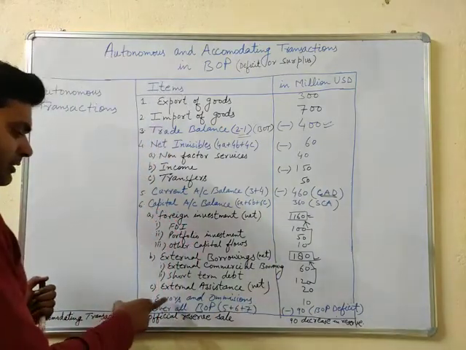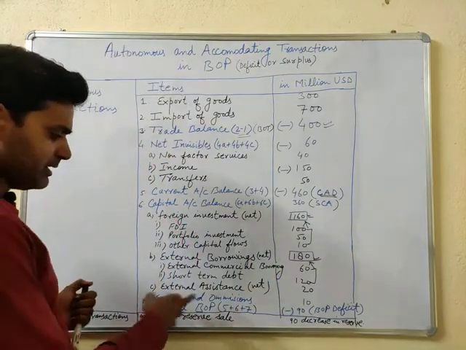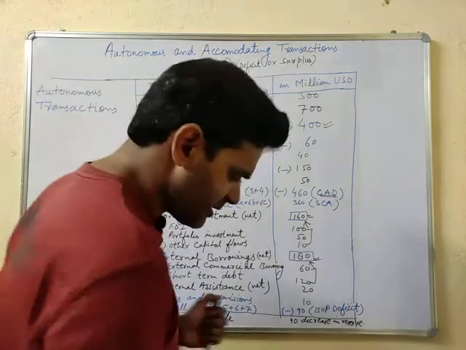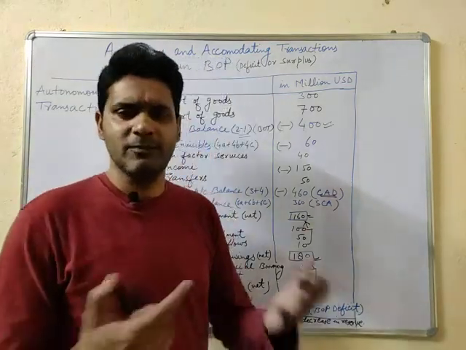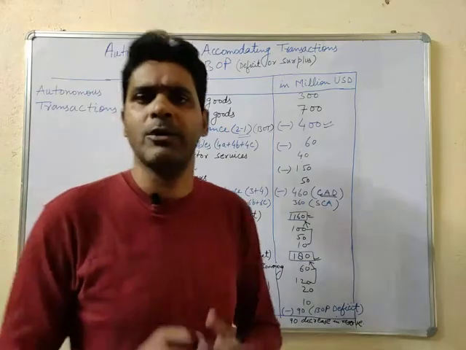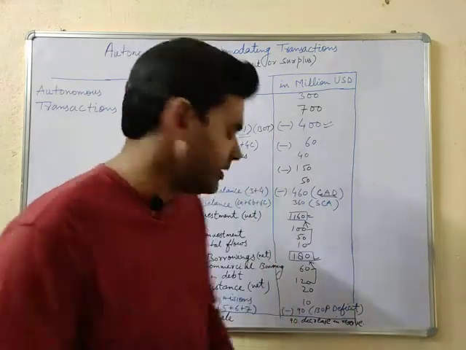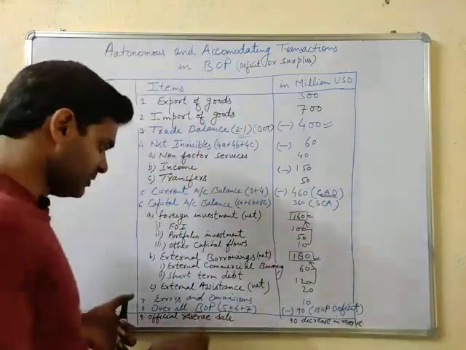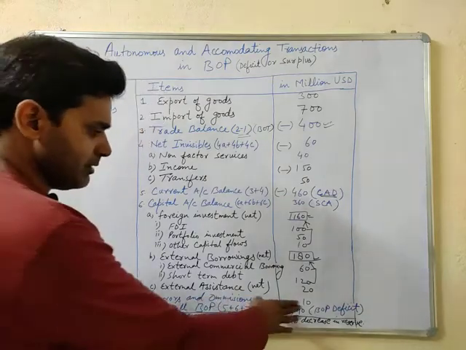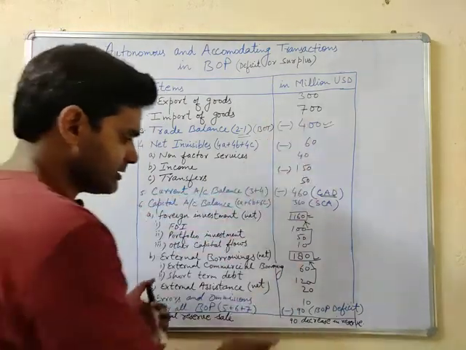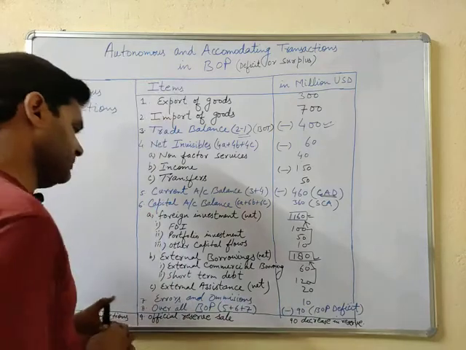Then, as I told you, the third element of BOP is errors and omissions. Why do we put errors and omissions in balance of payment? Because it is very difficult to record all the economic transactions accurately. So there is a chance for errors and omissions. That is why we put this 10 million USD as errors and omissions.